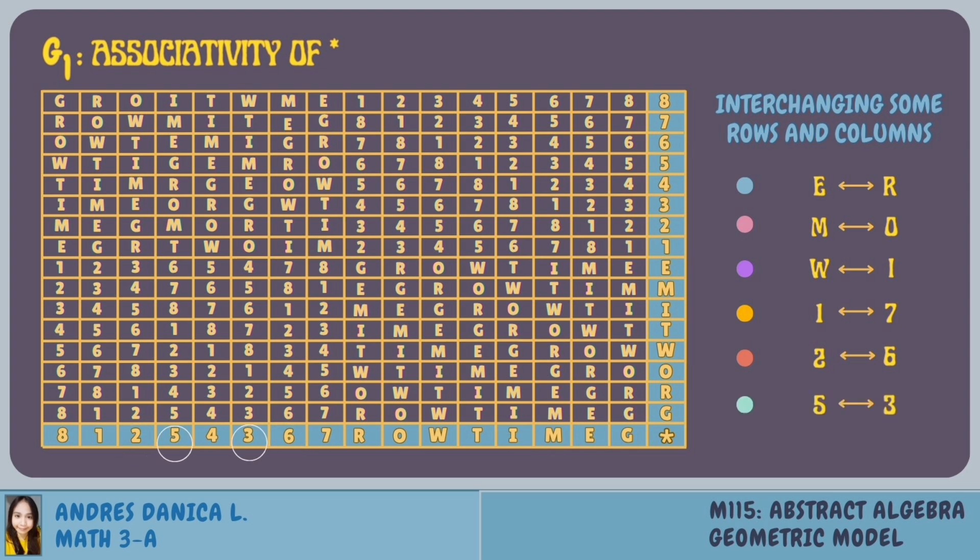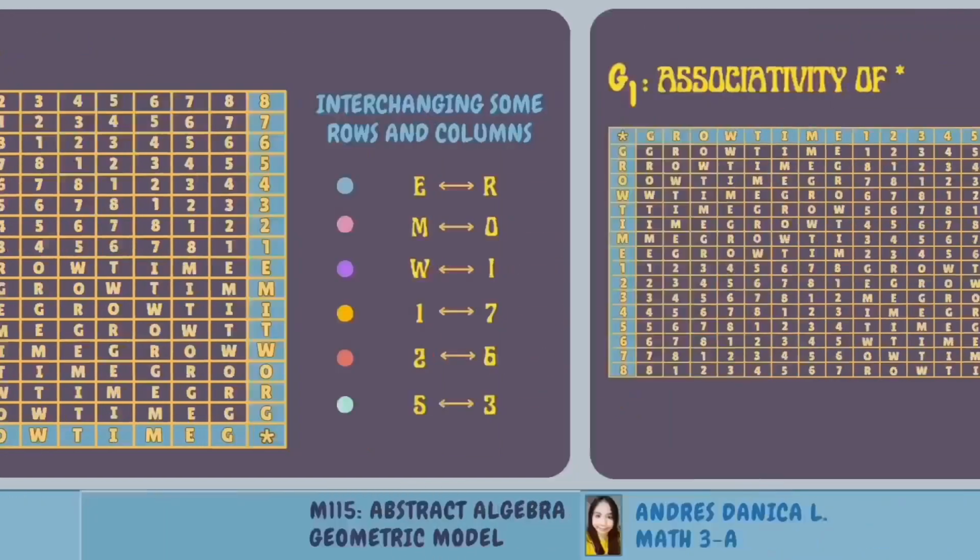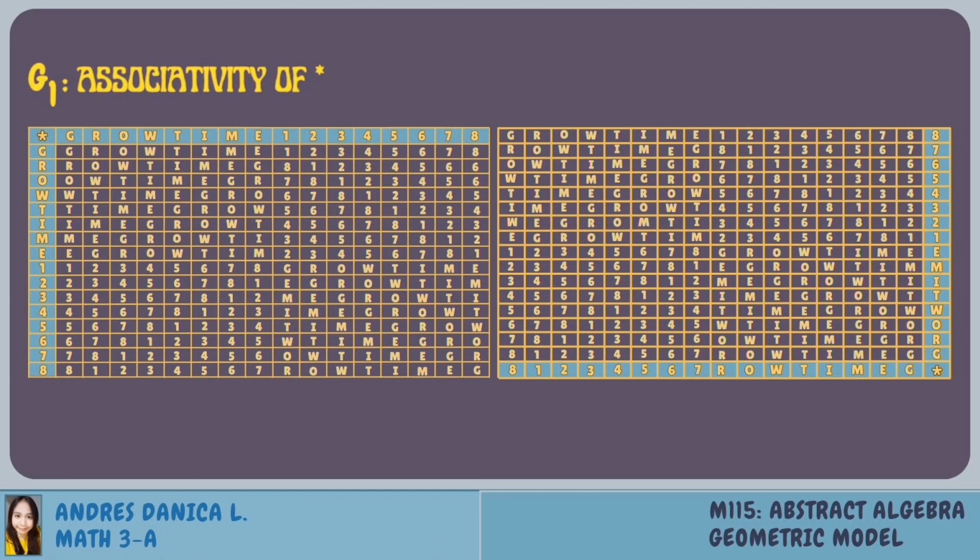And lastly, let's interchange column 5 and 3. Now, after interchanging some columns, we get the same structure as the original group table. Therefore, the table with the binary operation star is associative.